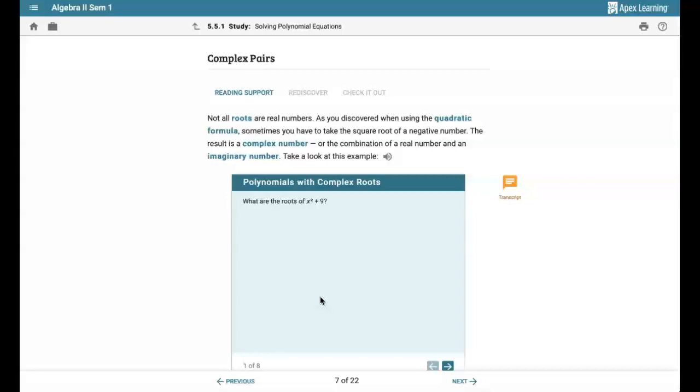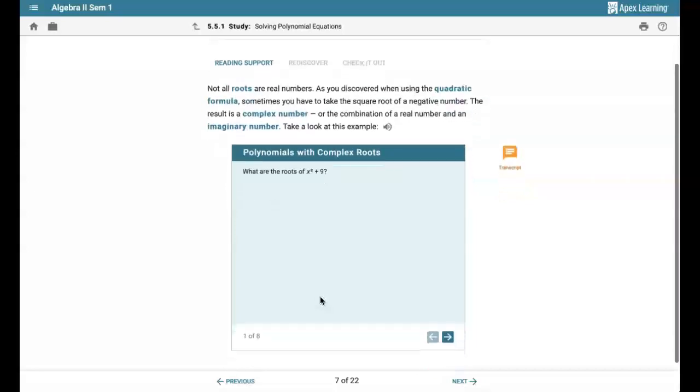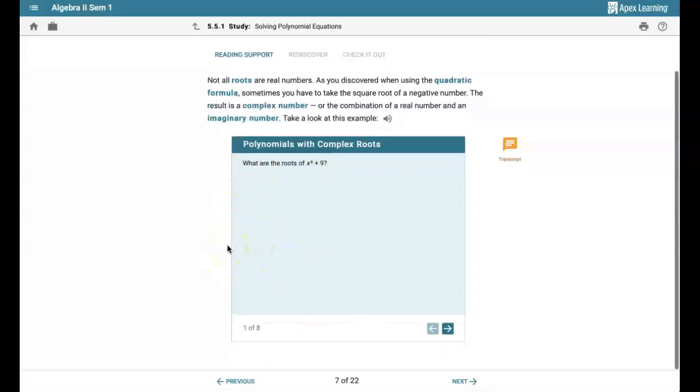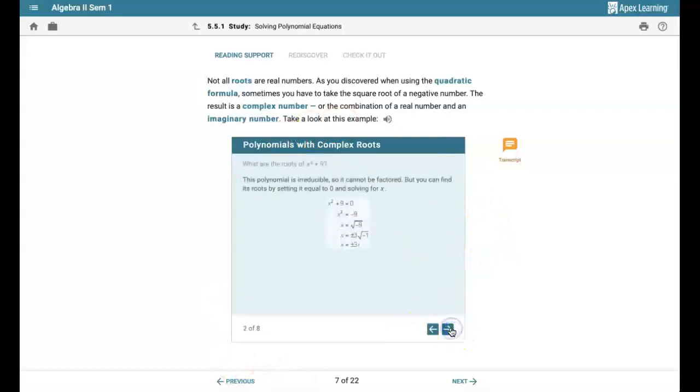And another theorem that will tell us that we have multiple roots at the same value is because of this thing of complex roots. All right, so not all roots are real numbers, and we can have complex numbers, we can have imaginary numbers, or some combination thereof. But we did talk about a theorem here, and let's walk through it quickly.